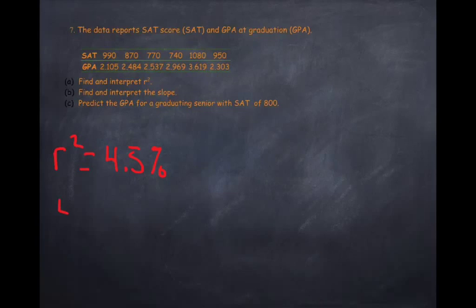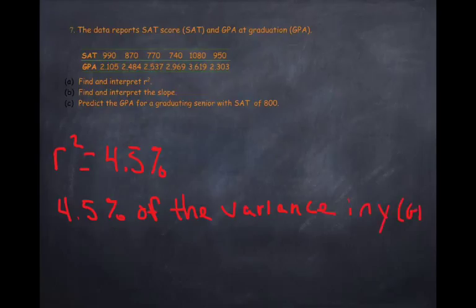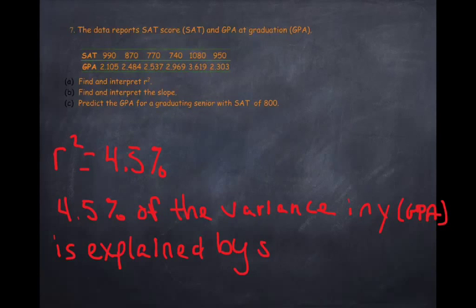And so this is going to tell us that 4.5% of the variance in Y, the GPA, is explained by small changes in our X, the SAT.